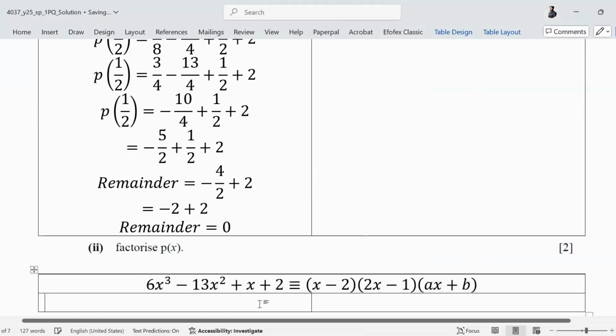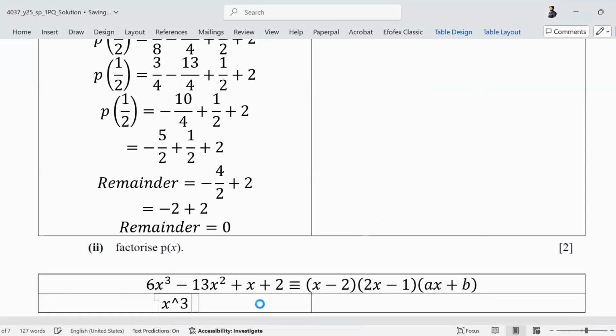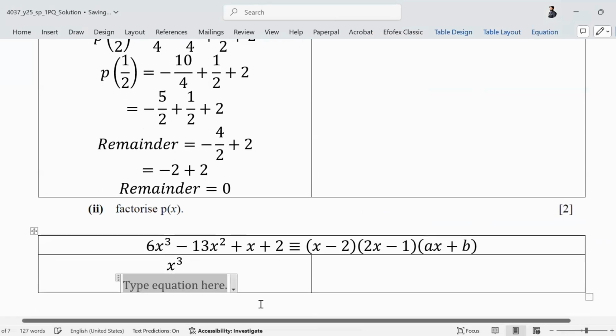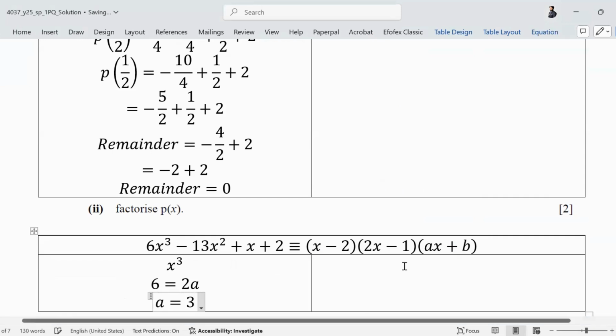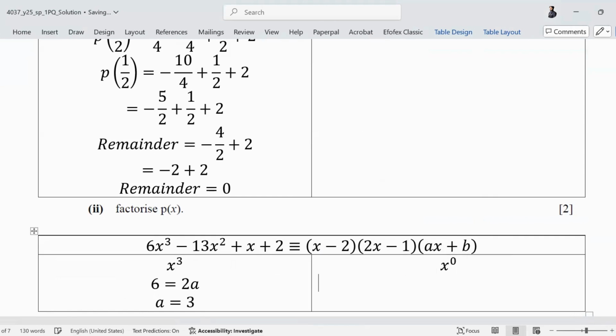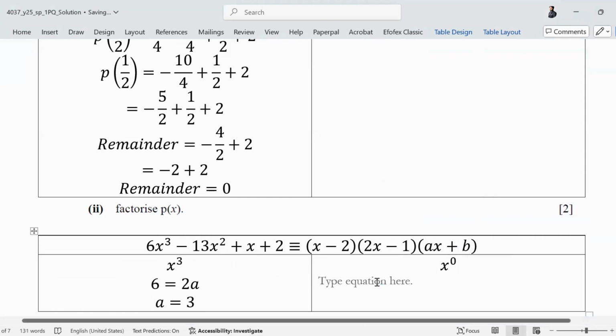Okay. So if I compare x cubed, on the left, the coefficient of x cubed is 6. On the right, I'll get x cubed when x multiplies by 2x and then by ax. So the coefficient of x cubed will be 2a. So the value of a is 3. Now if I compare the coefficient of the term that is independent of x, on the left it's 2.